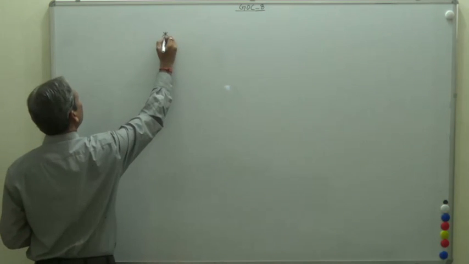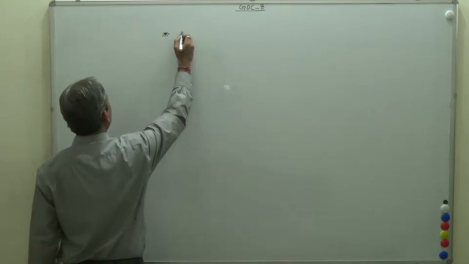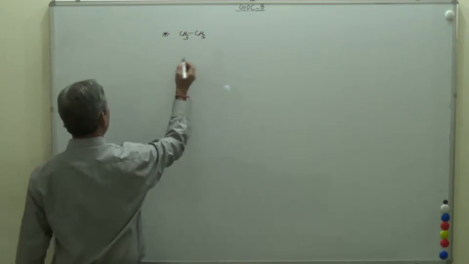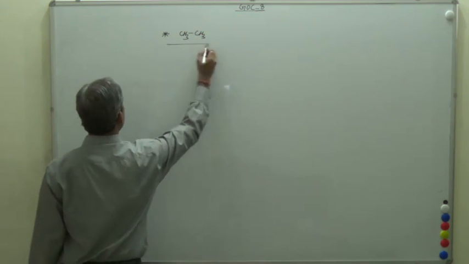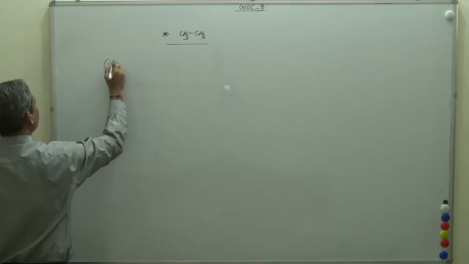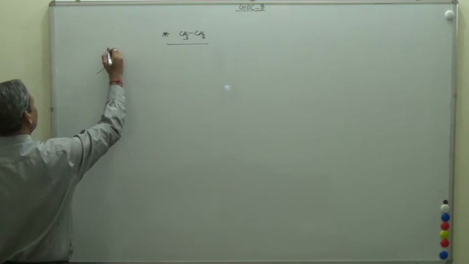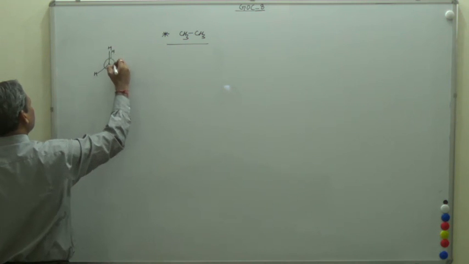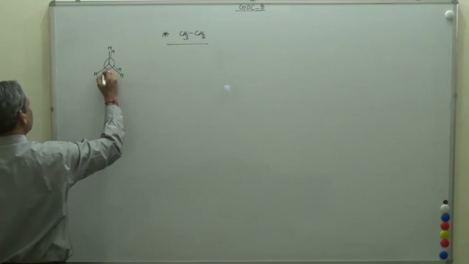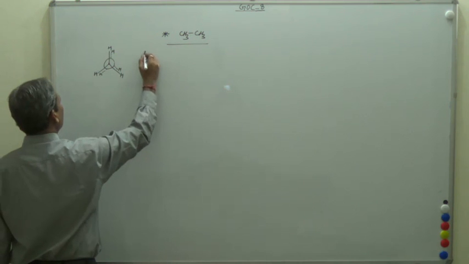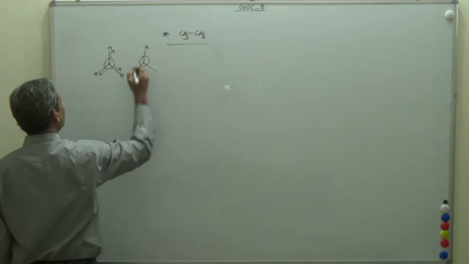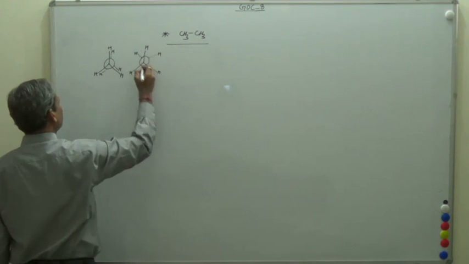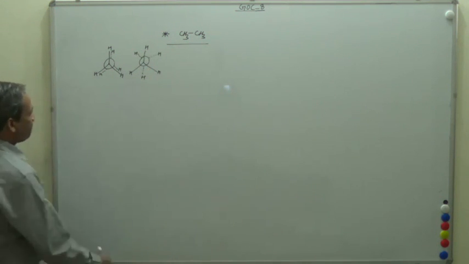So for ethane, you know that two conformers are possible. One is eclipsed and the second is staggered.